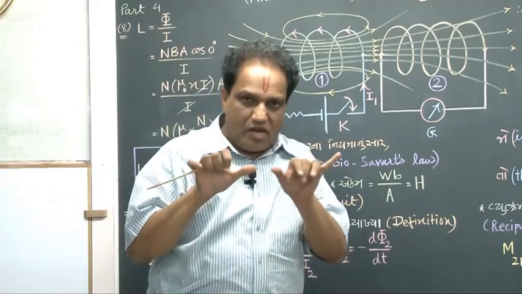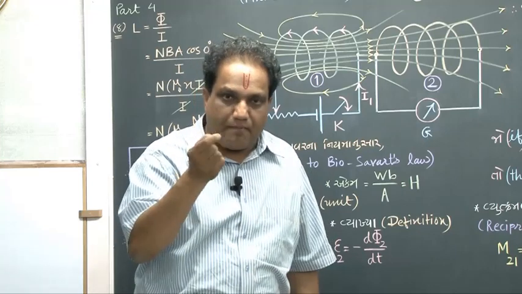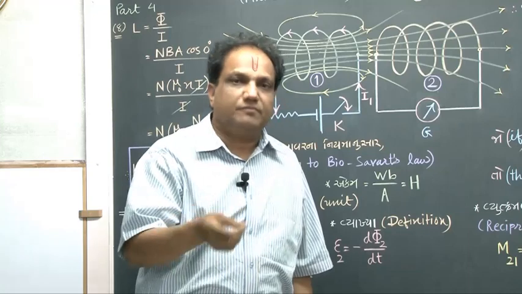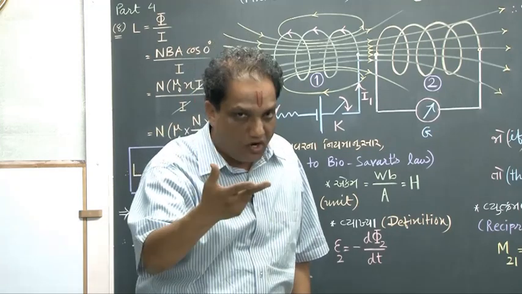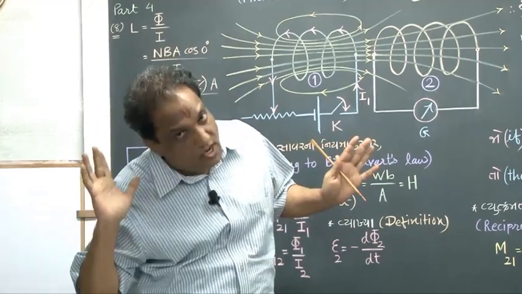Out of two coils which are kept very close to each other, if current passing through any one coil is 1 unit, then magnetic flux linked with the rest coil, or with the second coil, is known as mutual inductance of those two coils.